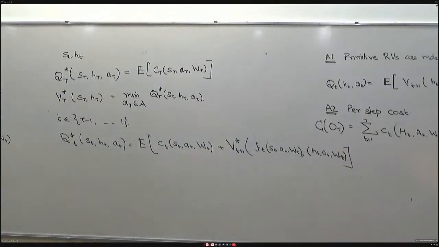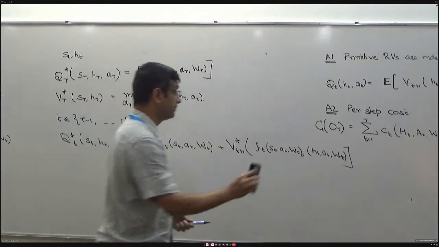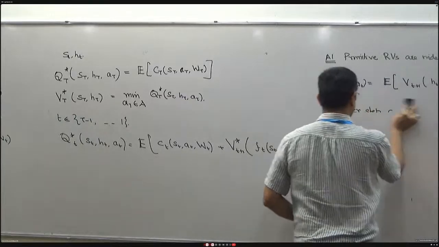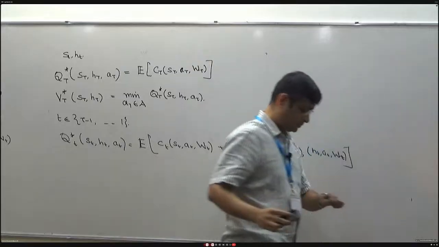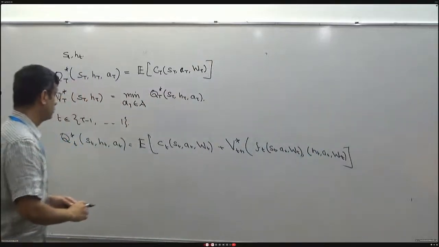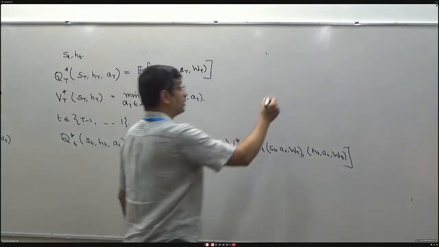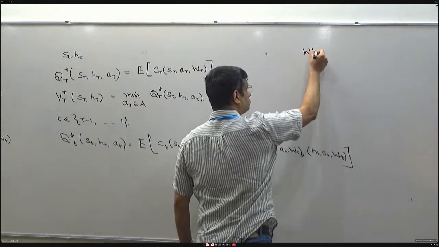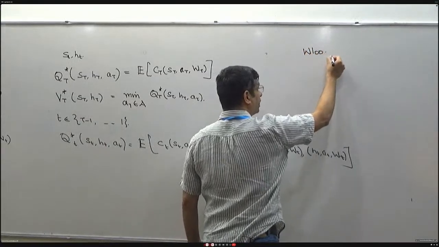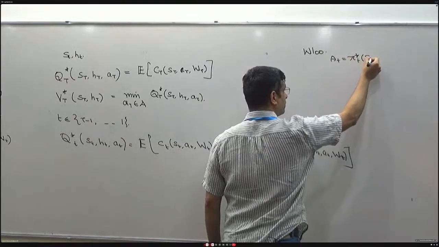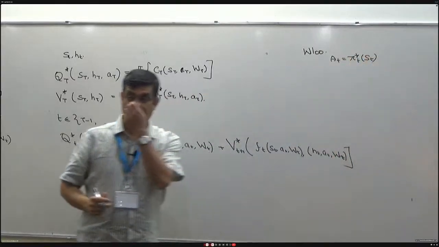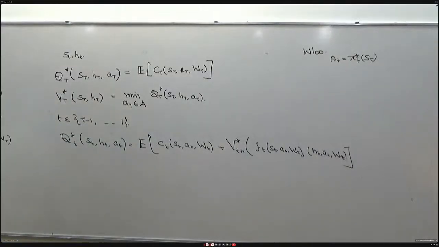Now my claim is the following. I can argue recursively that without loss of optimality, I can choose A_t simply to be a function of F_t.